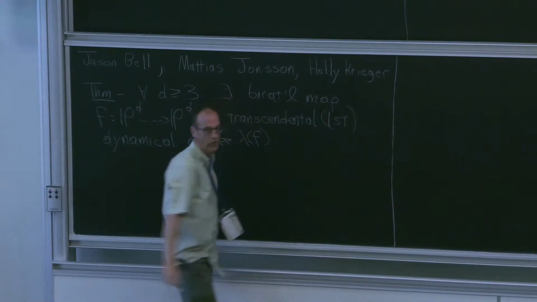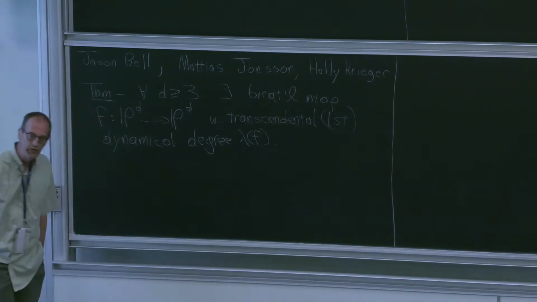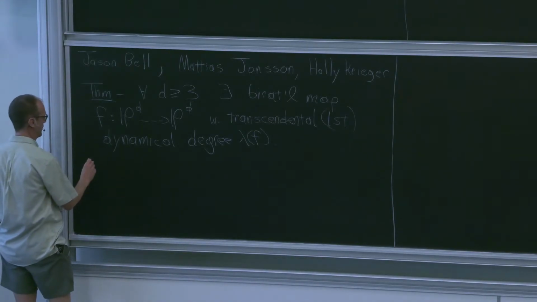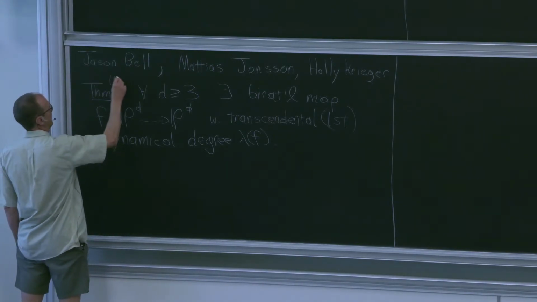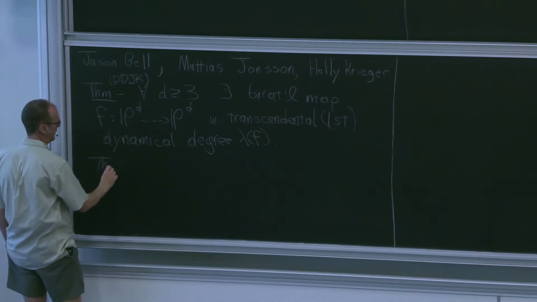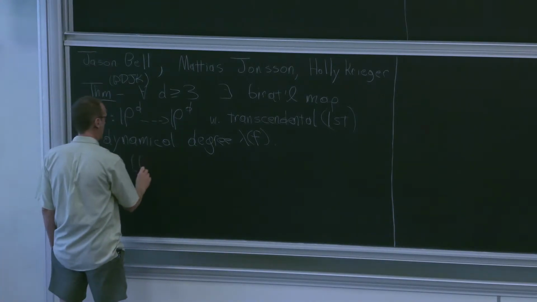Since it's the only dynamical degree that will come up for most of this talk, I'll omit the "first" most of the time. There's a precursor to this theorem that I want to talk about in parallel because it's a little simpler to expose.